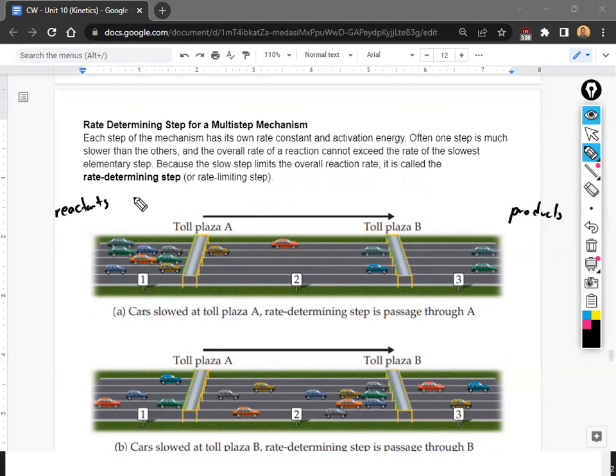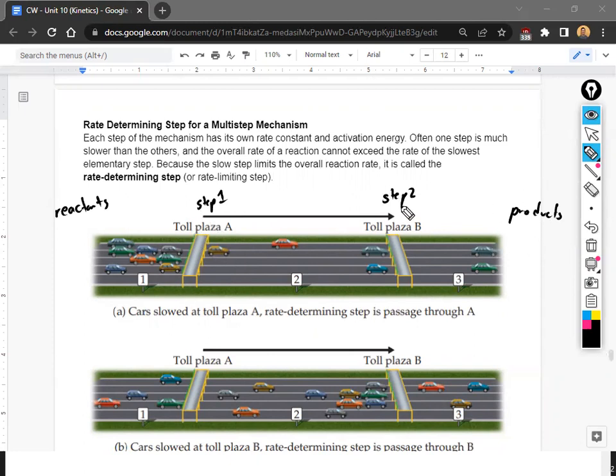In a reaction, you're trying to get from point A to point B. But on the way, there are these toll booths, these toll plazas, and we all know, if you've ever been in a car, that when you start getting to a toll booth, it slows down. This represents the steps that need to take place. This will be step 1, this is step 2, and that finally lets you get to the product.